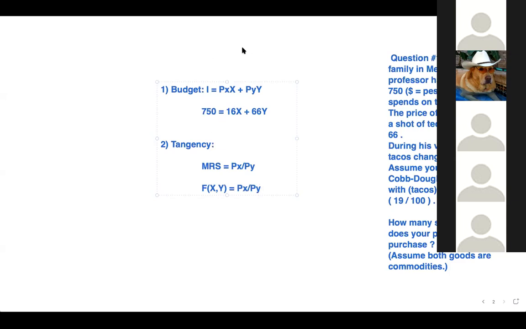And tell me, Arslan, if you can see this, right? So I have an equation in terms of x and y here, and I have an equation in terms of x and y there, right?